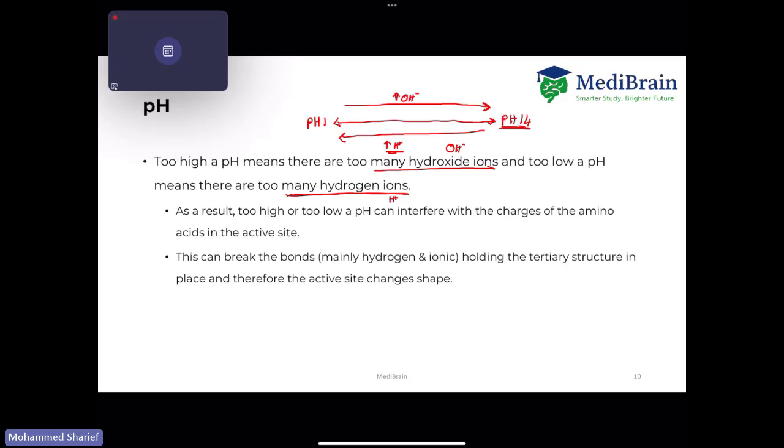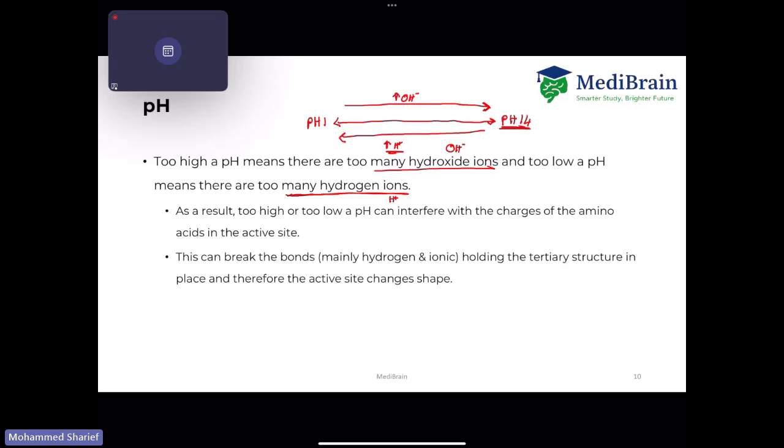And because we're interfering with the charges, being too positive or too negative, the bonds which are holding the amino acids in the active site and the tertiary structure in place are going to break, and therefore the active site will no longer have a unique shape.